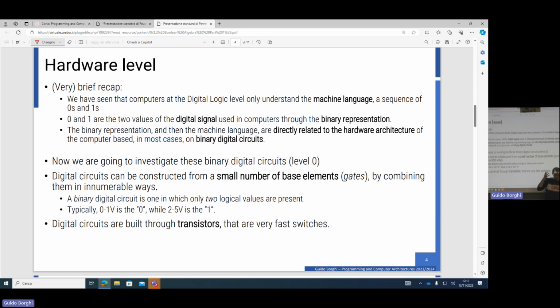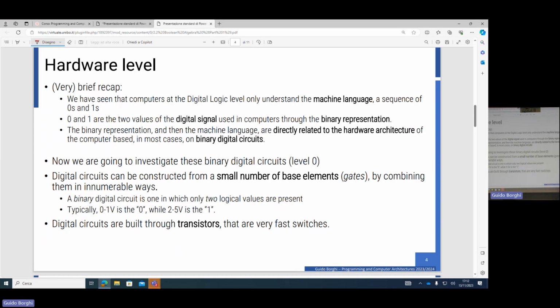Maybe you remember the volt from your high school, maybe you have seen the volt in your physics course, but it's the presence of the current. For now, it's not so important to understand the meaning of this letter, but it's important to understand that with 1 we have electricity, 0 no electricity.